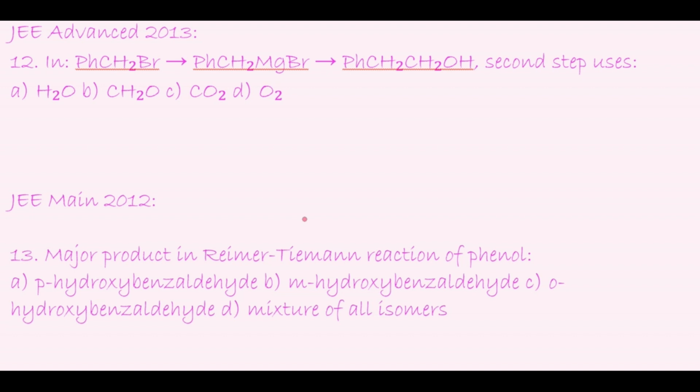Ph-CH2Br gives you MgBr, and that gives us, again, alcohol. By seeing MgBr itself, the Grignard reaction must have taken place. The second step uses, so what is used? The Grignard addition to formaldehyde had happened, right? So the answer is HCHO.